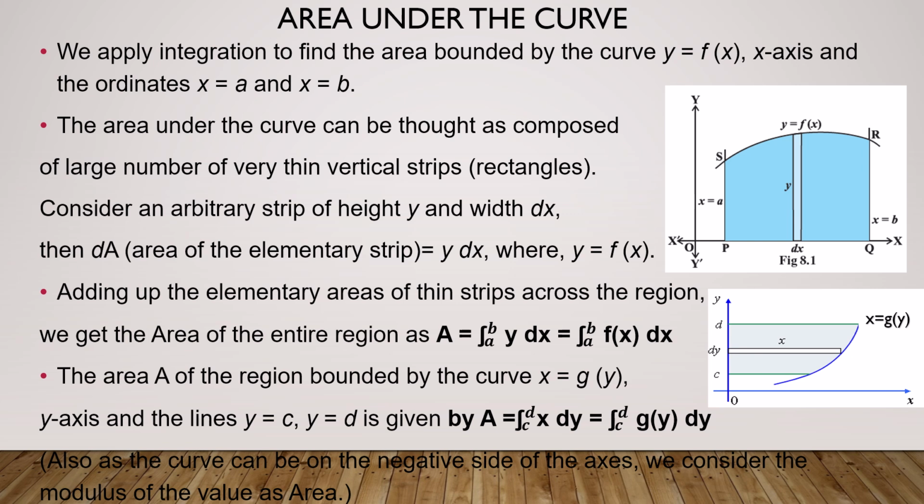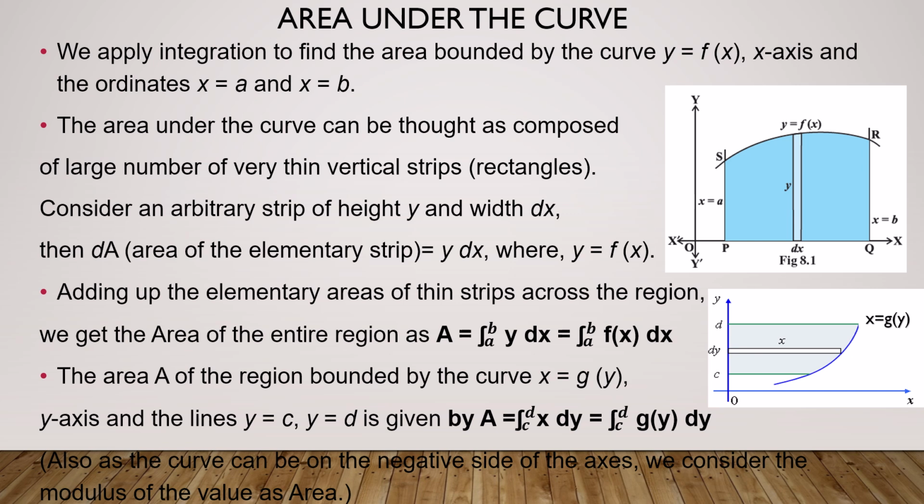Now suppose instead of having the curve above your x-axis, your curve is as shown in the second figure, then the area of the region bounded by the curve x equal to g(y), y-axis and y equal to c and y equal to d can be given as area equal to integral c to d x dy, or g(y) dy.